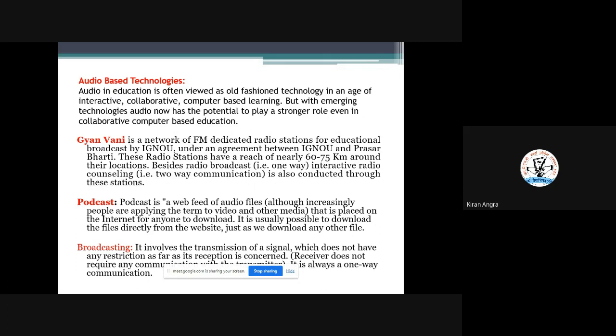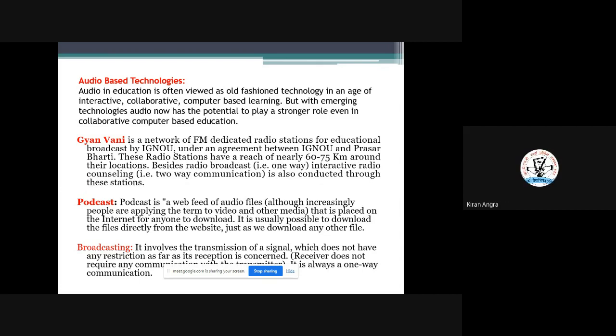A single radio station can only reach 60 to 75 kilometers around its location, so there are linked radio stations, interactive radio. This radio broadcast was started, though it is a one-way communication. Then interactive radio counseling started, which is a two-way communication through these stations, and it has got a very good response. So even our IGNOU has taken into account the use of this technology to teach their learners.